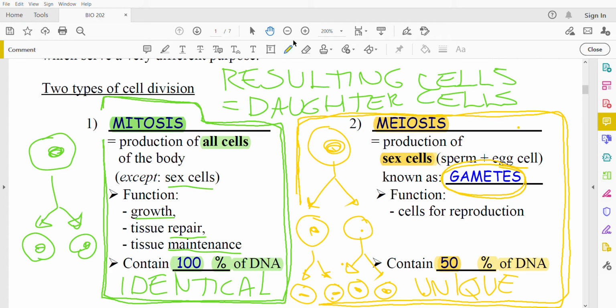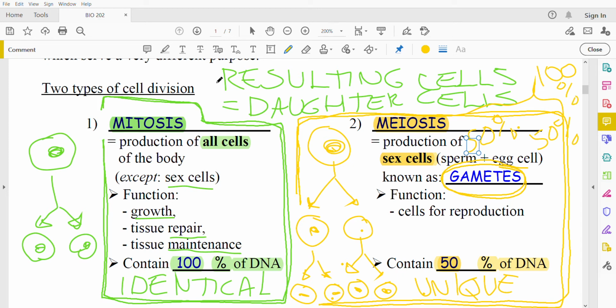So we end up producing meiotic sex cells so that the sperm cell can contain 50% of the genetic material and the egg cell can contain 50% of the genetic material. If you add these together in the resulting individual, that individual is going to have 100% of the genetic material.